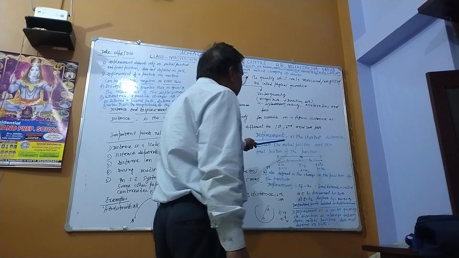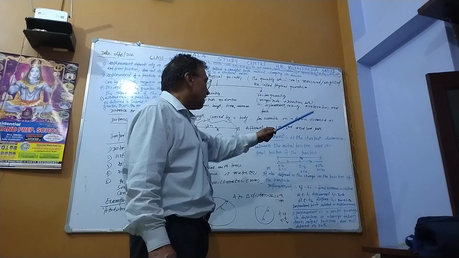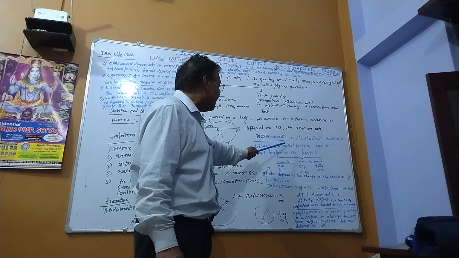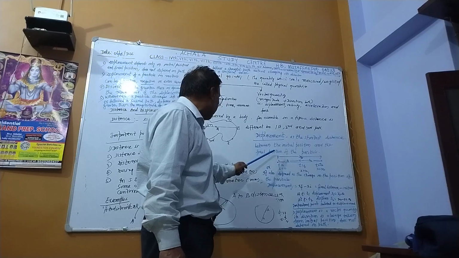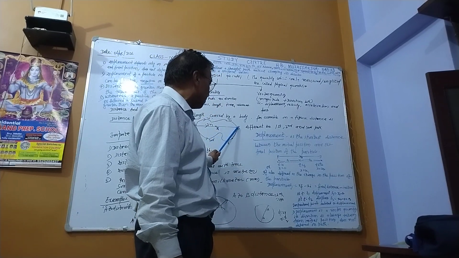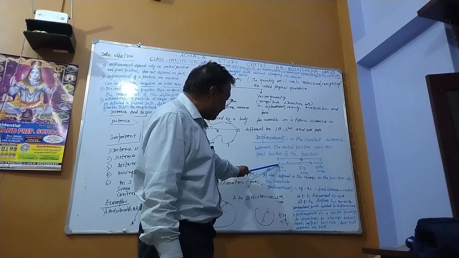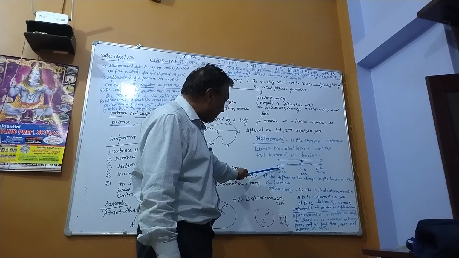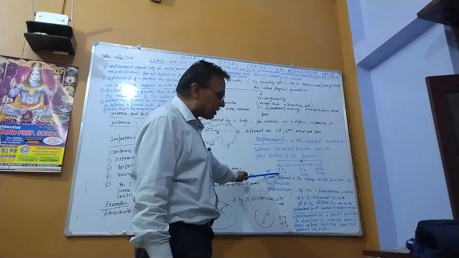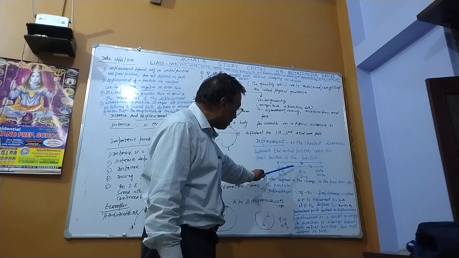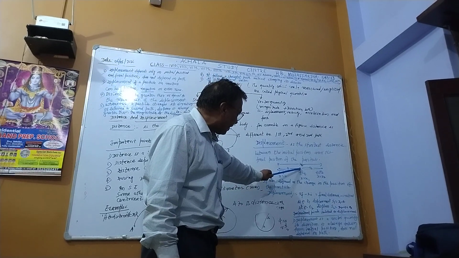Now the displacement is the shortest distance between the initial position and the final position. Like this is the shortest path, and if someone is at this point at time t0 and the distance is x0. Now sometime later he covers s1 distance and reaches here.